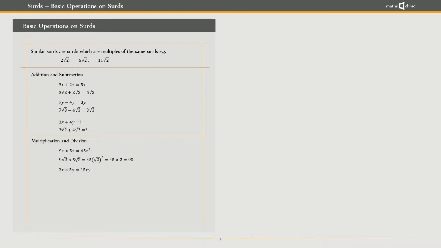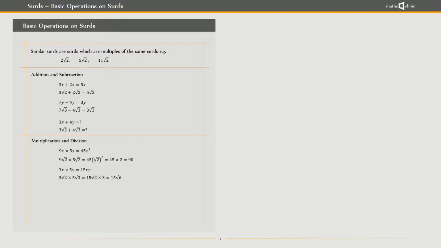Now, if you have 3x multiplying 5y, you can multiply them in algebra: you multiply the 3 and the 5, and that gives you 15, and you multiply the x and the y, and that gives you xy. Similarly, you can't add or subtract surds that are not similar, but you can multiply them. For example, you can multiply root 2 and root 3.